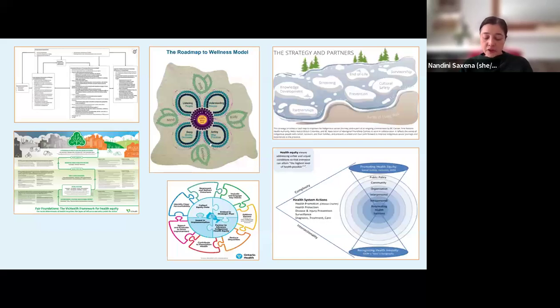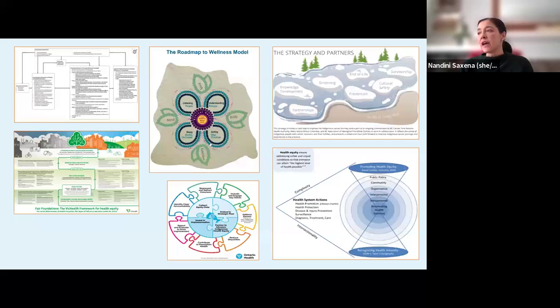So for example, in the top right-hand corner of the slide, you'll see a framework that was co-developed with the First Nations Health Authority focused on improving Indigenous cancer care journeys in British Columbia. And the areas for action are pictured as stepping stones in a river, supported by the sands of living well with trees on the horizon.